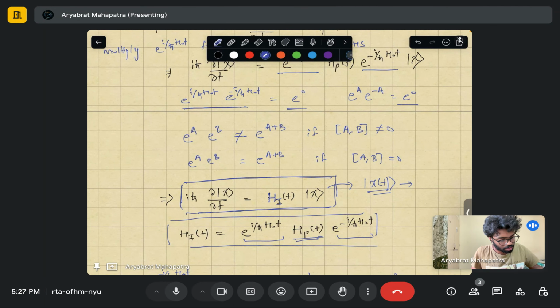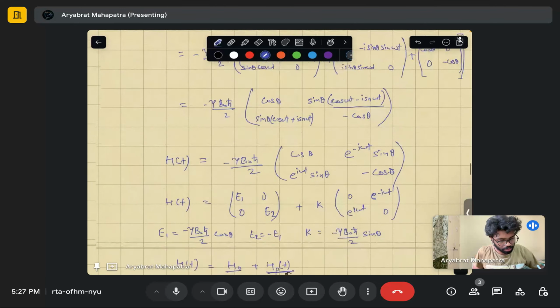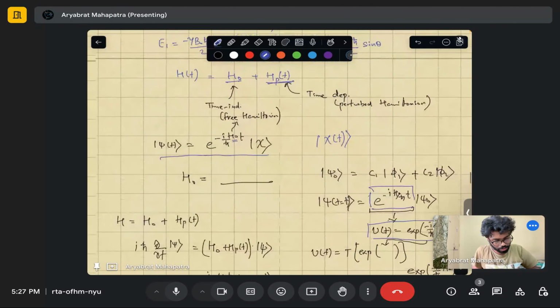Let's say you are going from chi 0 to chi t, then this will go through some Hamiltonian. That Hamiltonian is Hi, and Hi contains this Hp part. So the contribution of evolution which will come through this Hp part is already encoded in this chi of t. And now we are writing the psi of t, which is only evolved from H0.